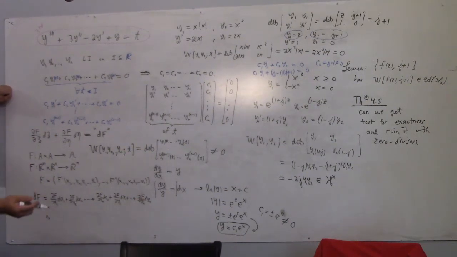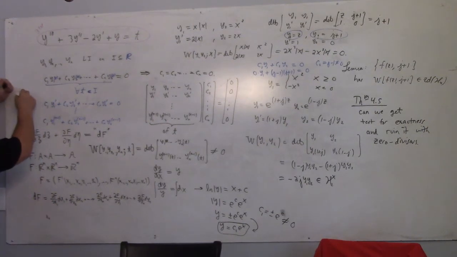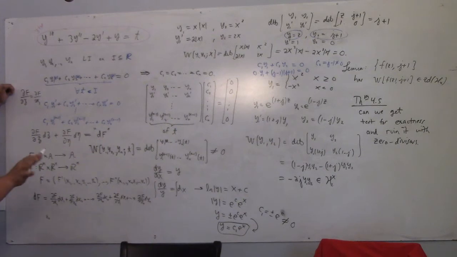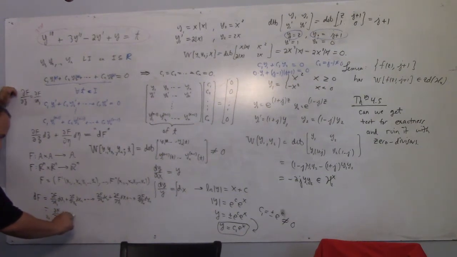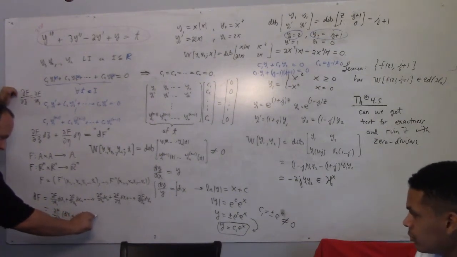But if f is A-differentiable, then because of the A-Cauchy-Riemann equations, partial f partial zeta is partial f partial x1, and for the rest of these, if we're assuming one is the identity, this can be rewritten as partial f partial zeta times dx1 plus v2 dx2 plus vn dxn.